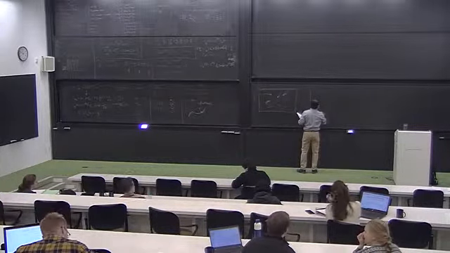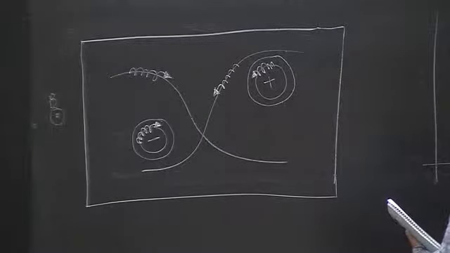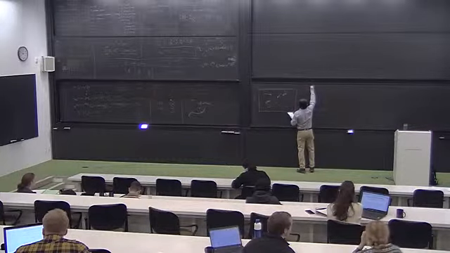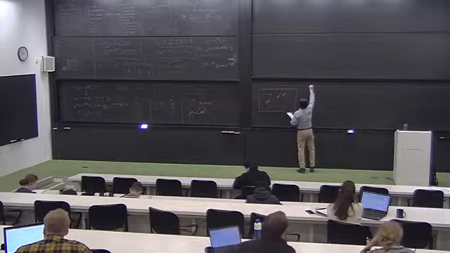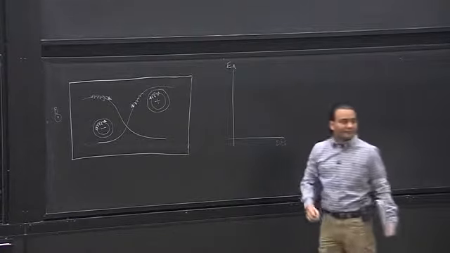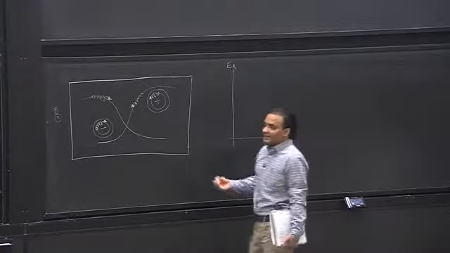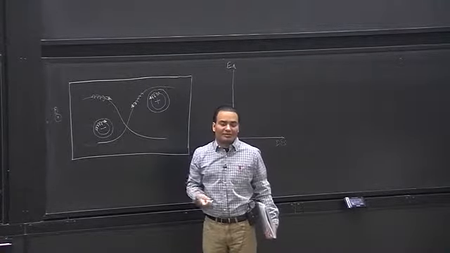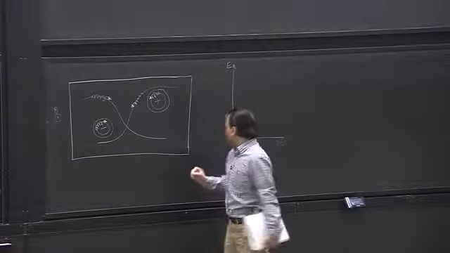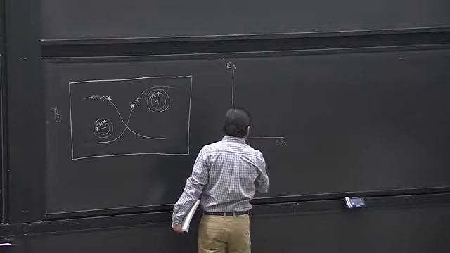What I'm trying to plot is density of states and energy. So the various energy levels in this problem, let's start with V impurity as 0.